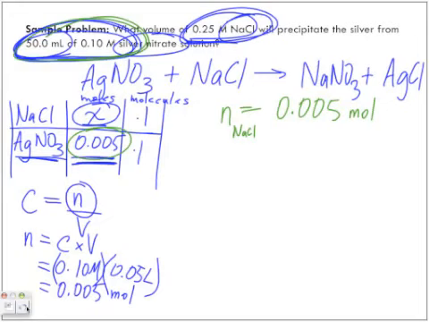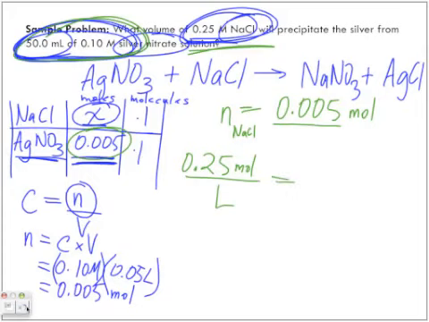So that many moles of silver nitrate is going to react with this many moles of sodium chloride, but the only thing is, it's got a different concentration. So, we have as follows. We know we have 0.25 moles per liter. So we want to figure out, let me rewrite this in this form, in 1 liter.